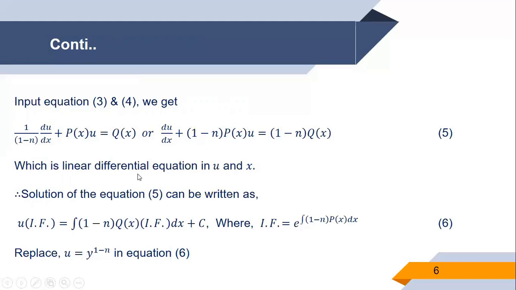So equation 5 is a linear differential equation in u and x, where u is the dependent and x is the independent variable. Since this is a linear equation, the solution form we discussed previously is u into integrating factor equals the integration of 1 minus n q of x into integrating factor dx plus c, where the integrating factor is e raised to the integral of 1 minus n p of x dx.